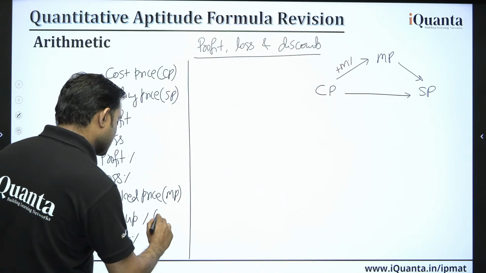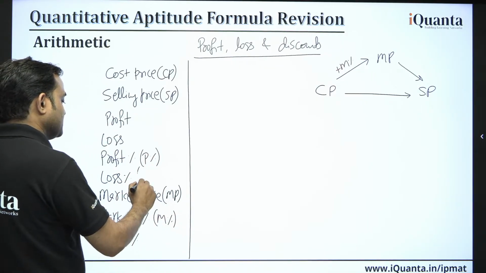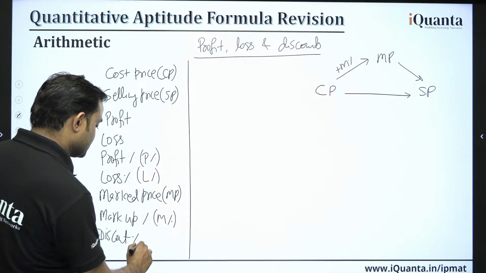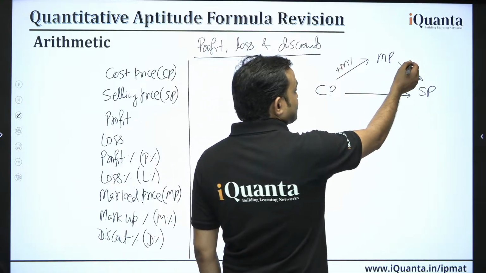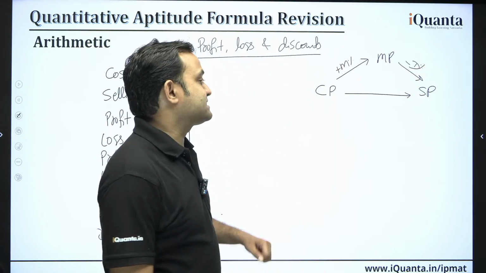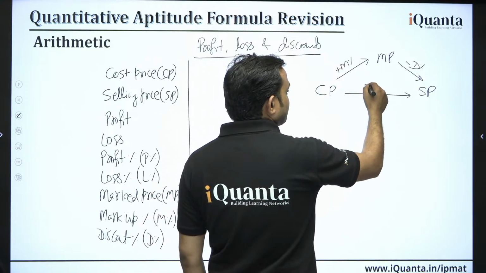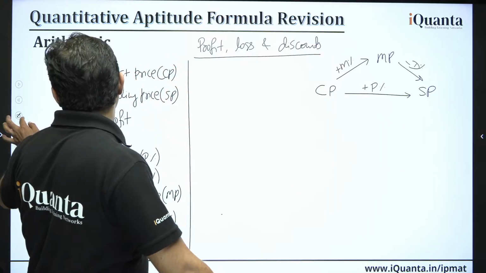The markup percentage is M%. The profit percentage is P%. Loss is L%, and discount is denoted by D%. Then MP to SP. If discount is applied on mark price, we get selling price. Cost price to selling price, it will be profit percentage. Now we can figure out all the formula.